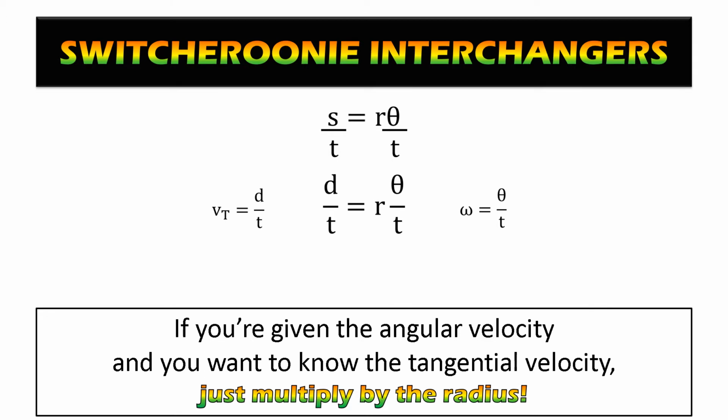So we just substitute in those values, and we have a new Switcheroonie interchanger. Your tangential velocity is equal to your angular velocity times the radius. Another switcheroonie. It's very similar to this one. You just take your angular physical quantity, multiply it by the radius, boom, you have a linear or tangential physical quantity.